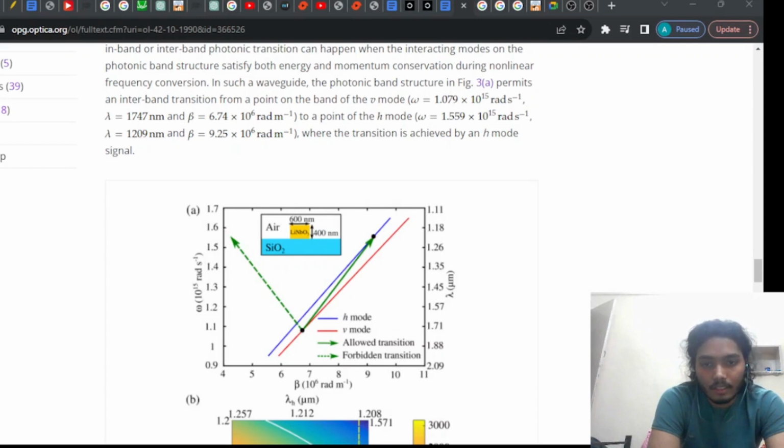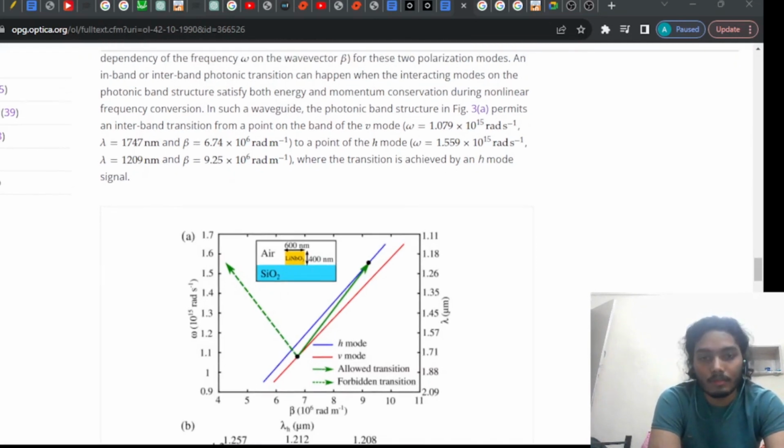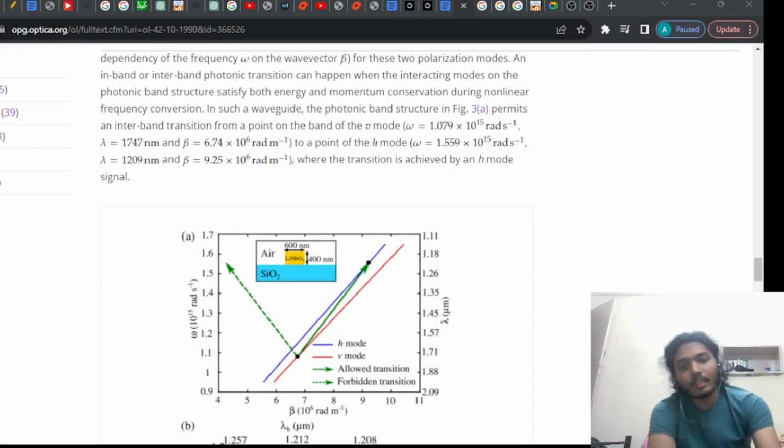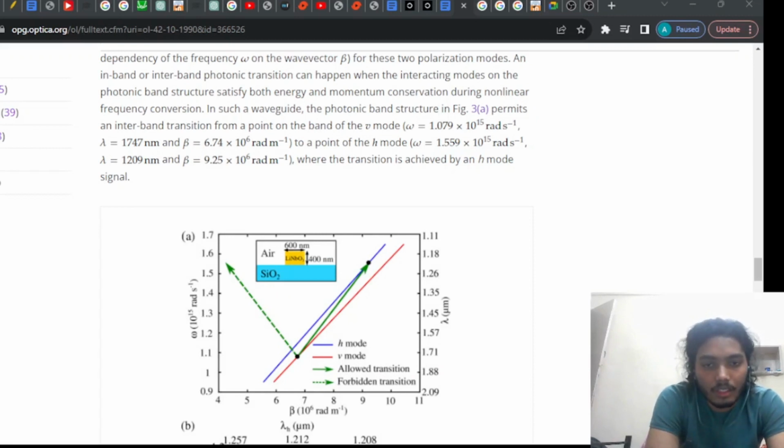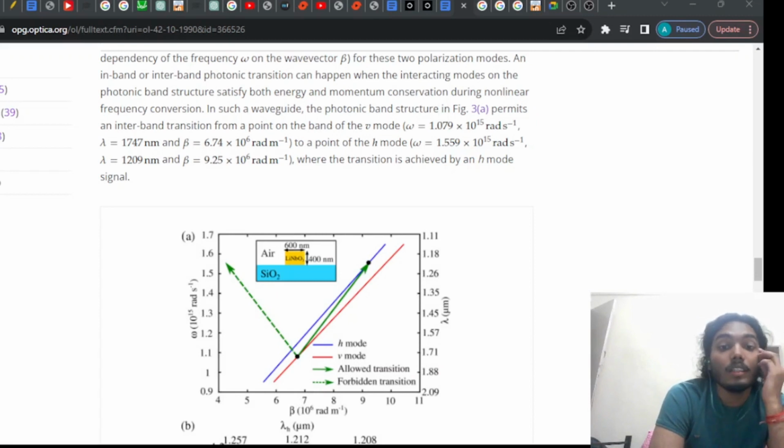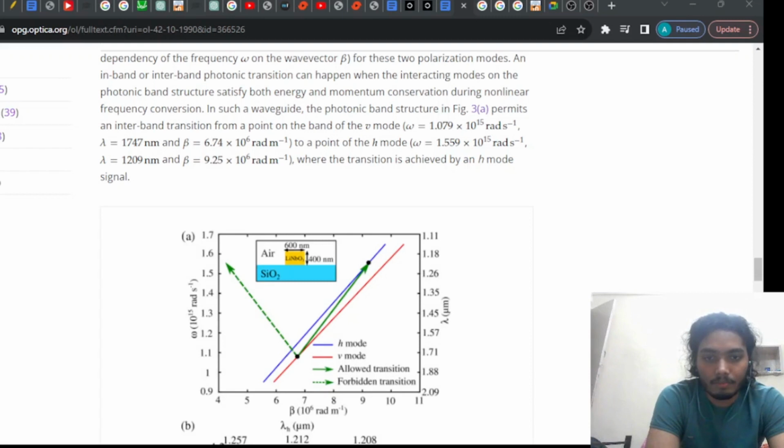It represents the dispersion relationship, that is omega as a function of the vector beta, and this red line is when light is vertically polarized. Then this red line represents the dispersion relation.